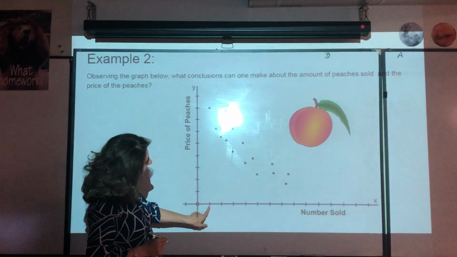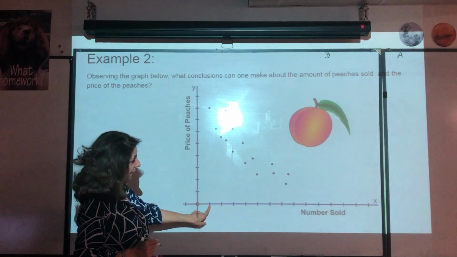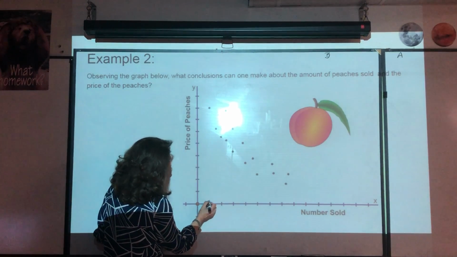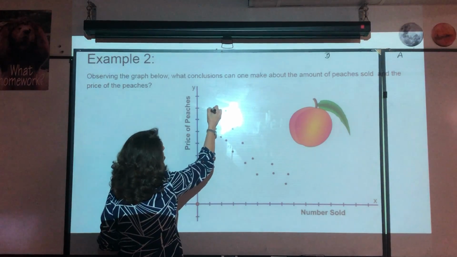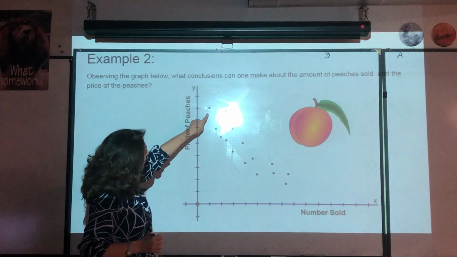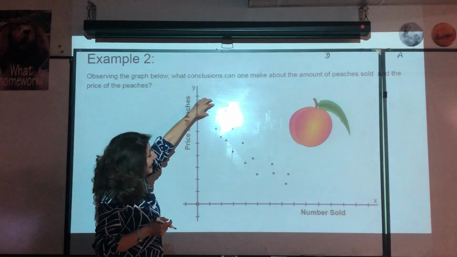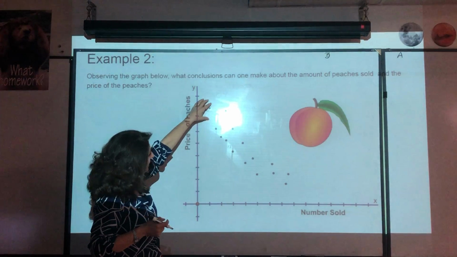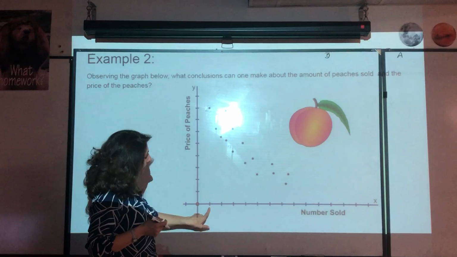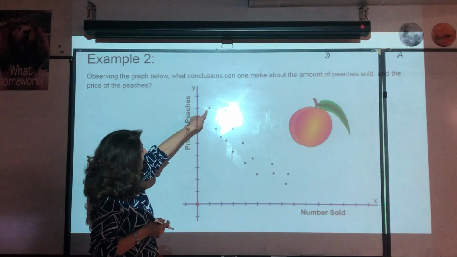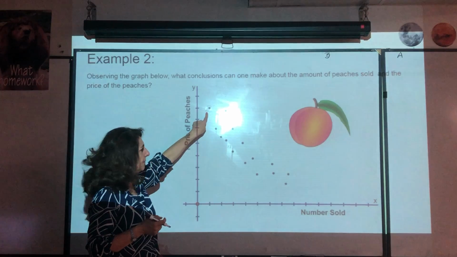So see, this is not a big amount of peaches that were being sold, because look, the price was very high. So there was one, or I don't know how many these represent, but there was a small amount of peaches being sold here, low amount, because the price was too high.